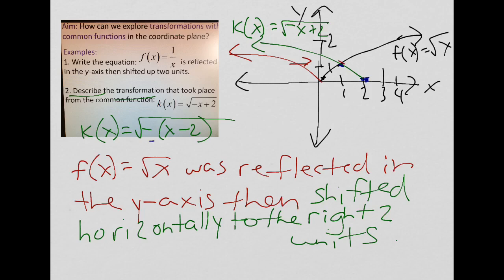So this is indicating the reflection in the y-axis, and the minus 2 is indicating the shift horizontally to the right. So knowing the curves and knowing the graphs is super important because it can double check your work or your answer. Okay?